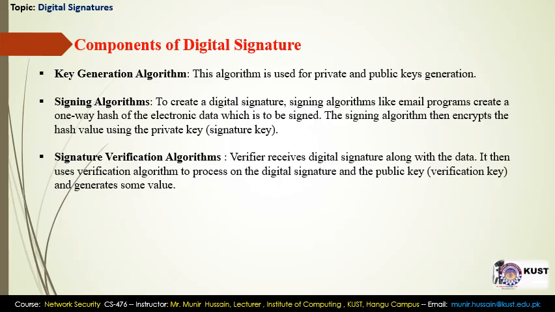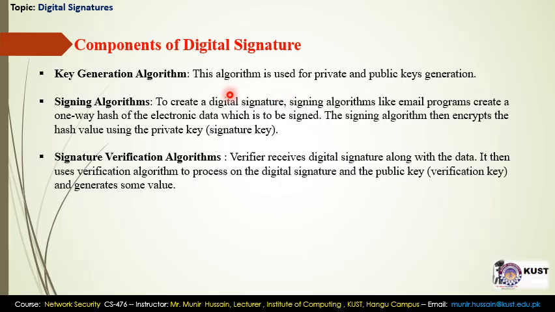Now, what are the components of digital signature? There are three components of digital signature. The first one is the key generation algorithm. This algorithm is used for private and public key generation.